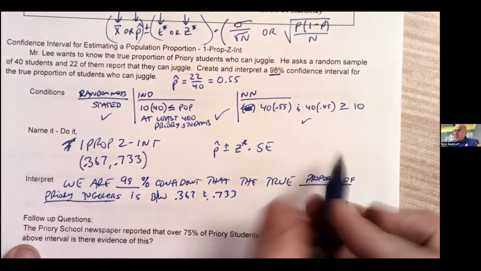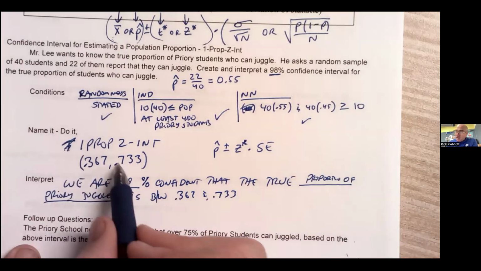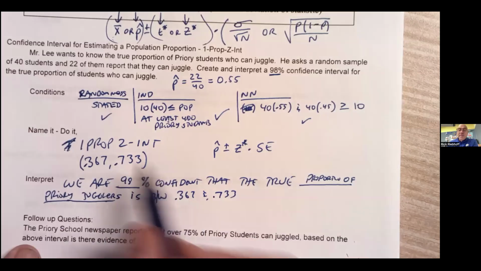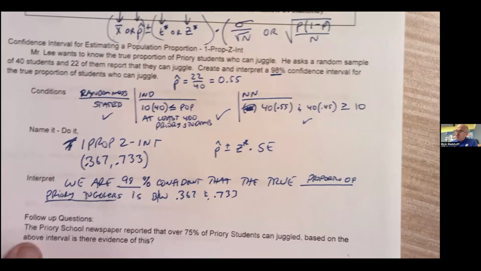You could say the true percentage is between 36.7% and 73.3%. That's fine. Memorize this, keep it simple, get it going.